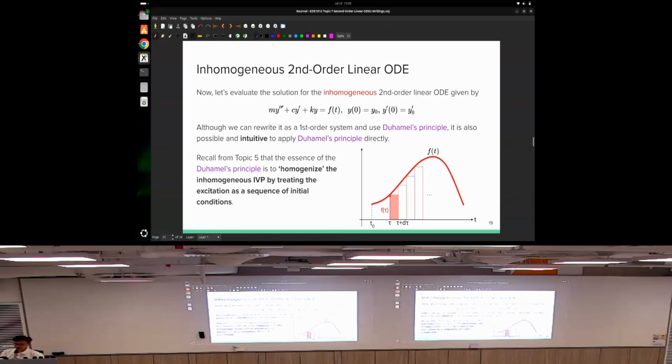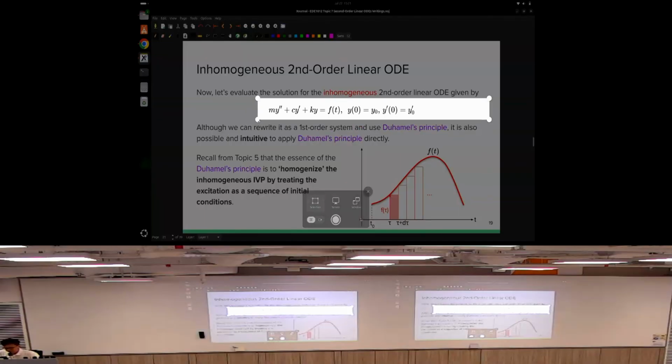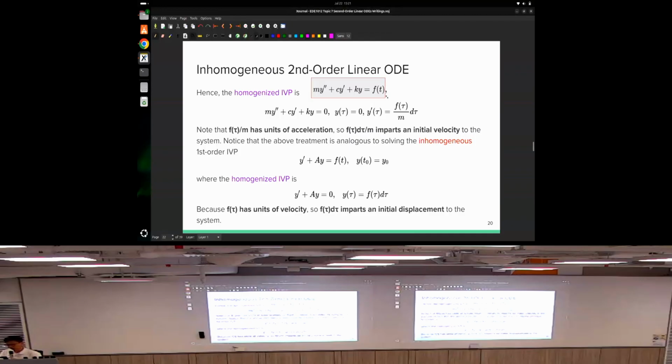Because when you isolate y prime prime, you are going to have F of t over m. So if you isolate y prime prime, then you have plus c over m y prime plus k over m y equals F of t over m. But what is F of t over m?